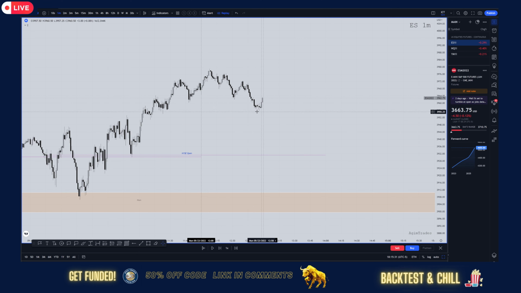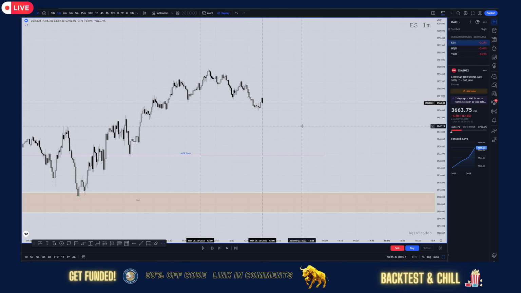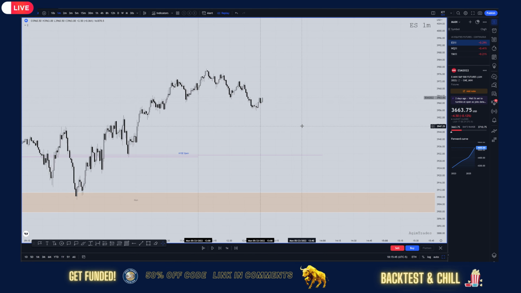So probably a good chance that all this liquidity here will be left intact, and we could see a continuation move to the upside after all that was cleared out. What we have here too to help us with that is we have a move up.